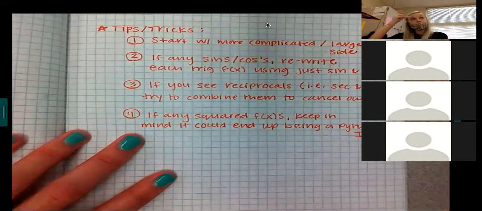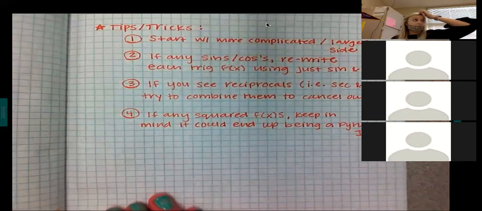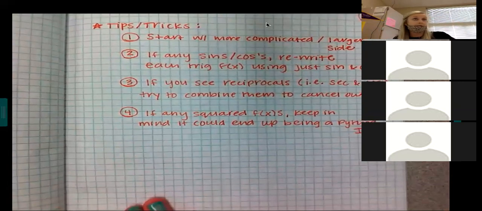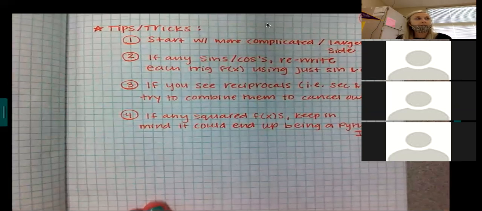Because remember, every single one of your Pythagorean identities is squared. That doesn't mean try to write it as a Pythagorean identity at the very beginning. Because sometimes you'll get what we had like in the warm-up where it was tangent squared over tangent. That'll go ahead and simplify. But these are just some tips and tricks that may help you along the way.